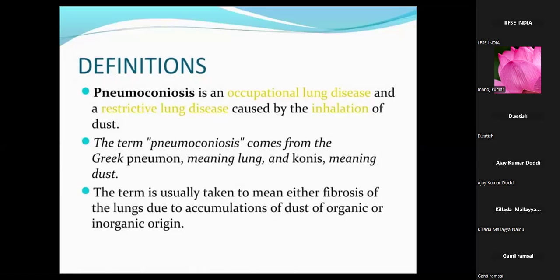Pneumo means your lungs. Pneumonia is a disease that is more profound in kids and less profound in adults. When the doctor says pneumonia, it is related to the lungs. In the same way, pneumoconiosis is an occupational lung disease, a restrictive lung disease caused by inhalation of dust.